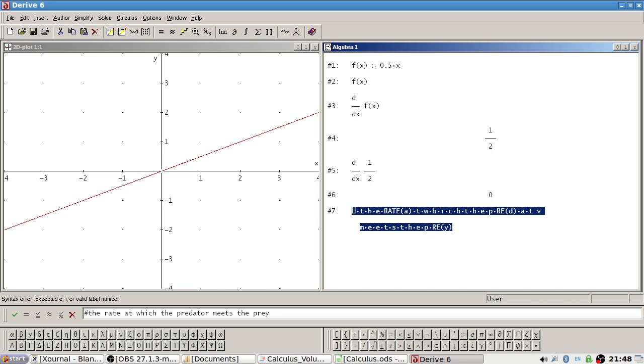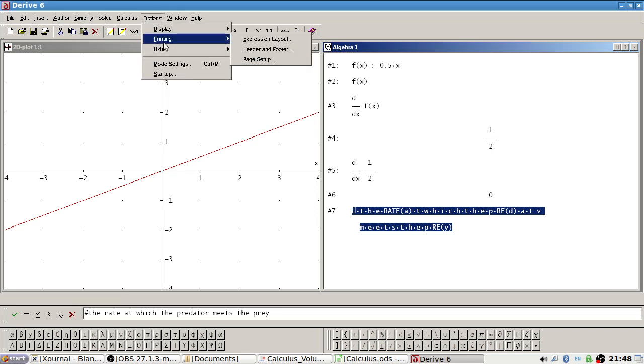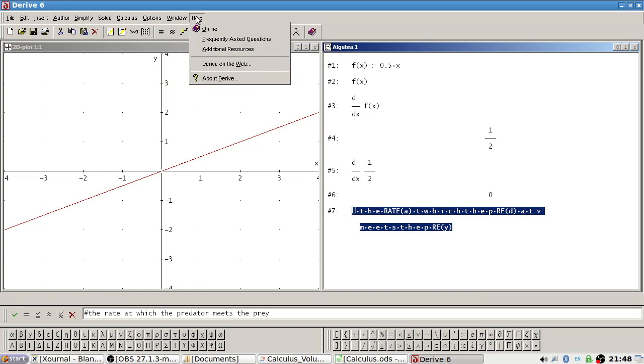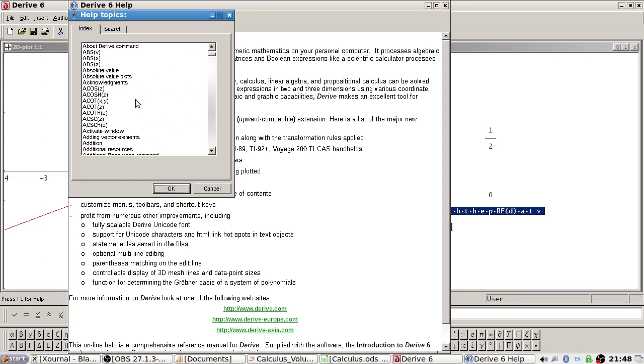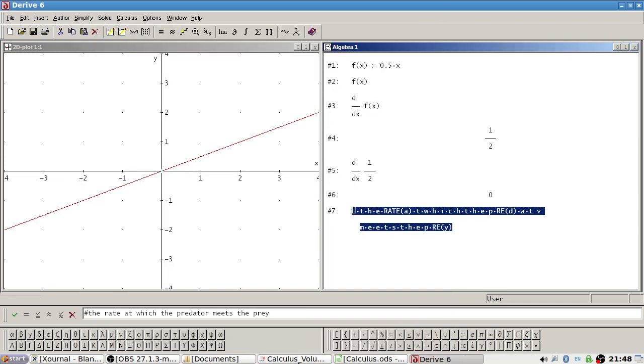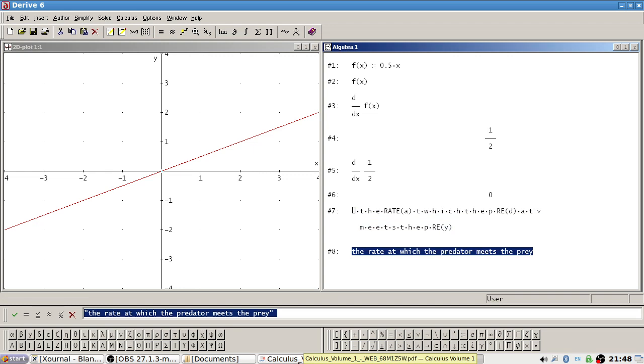How do you get comments in Derive? I forget. Comments. I want comments. What is it again? It's not the quote. It's not the hashtag. Is it the backtick? No. Is it quote? Yeah, okay, just regular quotes.